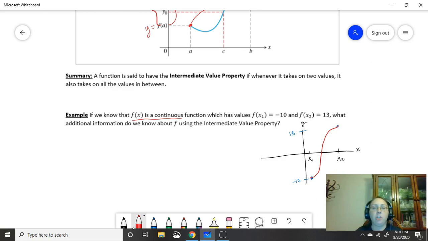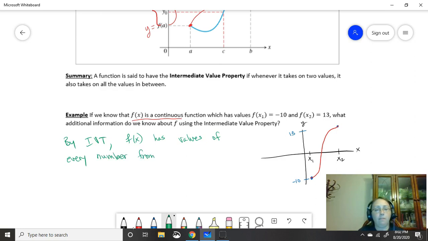What additional information do we know about f using the intermediate value property? What can you say for sure about this function? According to the intermediate value theorem, f of x has values of every number from -10 to 13.